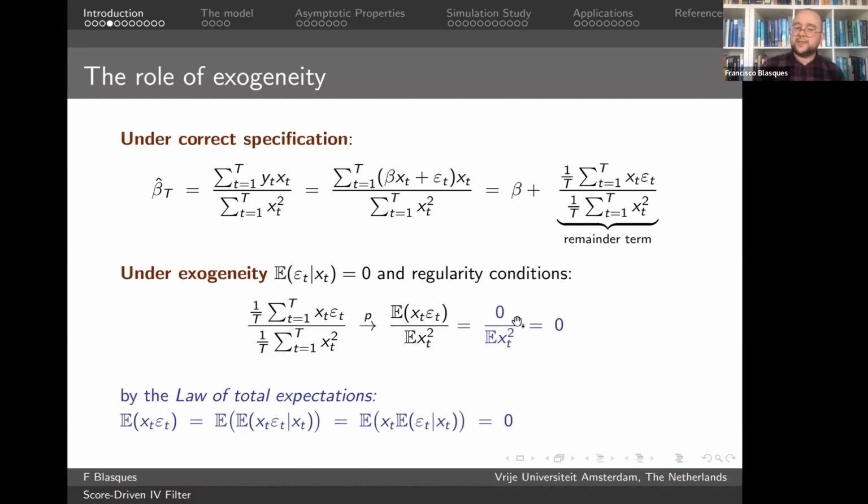That is the case precisely when the exogeneity condition is met, since the expected value of x_t times epsilon_t, just applying the law of total expectations, can be set to zero. So we conclude the remainder term vanishes, so beta hat converges to beta. That is what we've been familiar with for a long time.